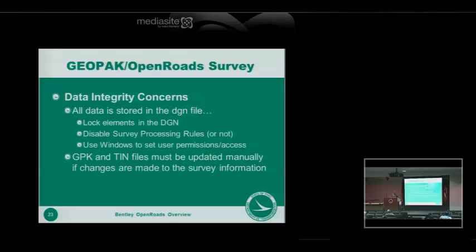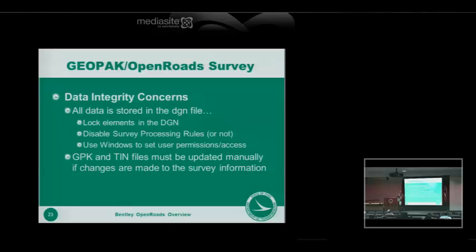Another, there's something called survey processing rules that can be enabled or disabled. So when I pick a survey point and move it, it's executing a survey processing rule. And the rule on that point is, hey, this one is included in the DTM as a spot, so I need to go update the DTM. I'll process that rule. If I disable the rules and I move the point, it no longer will update the DTM.